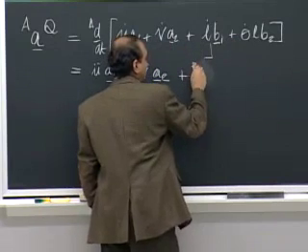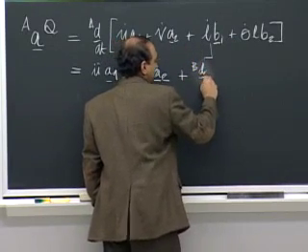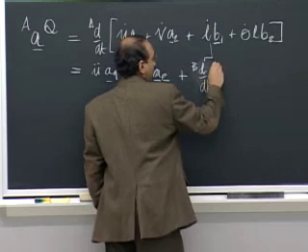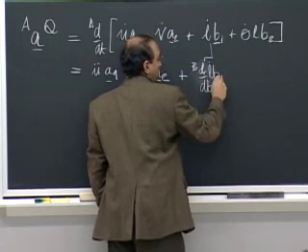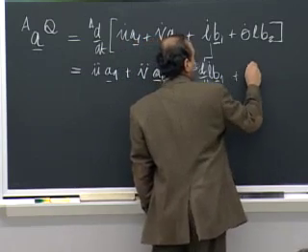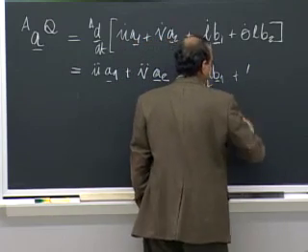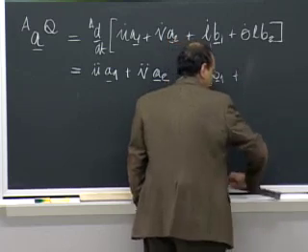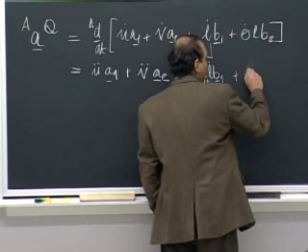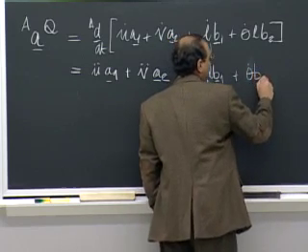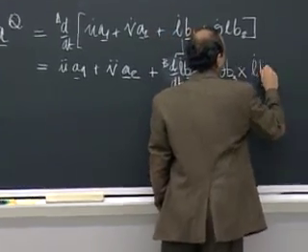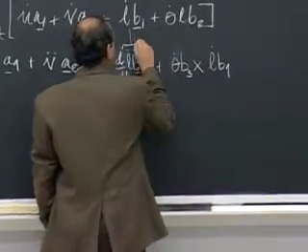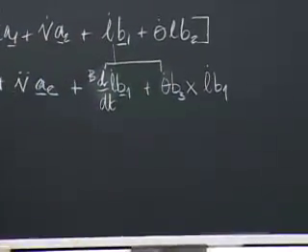The first term is B d by dt of L dot B1, plus A omega B, which I'll just write as theta dot B3, cross L dot B1. So these are the two terms from this guy.